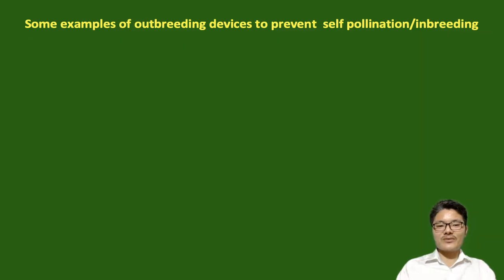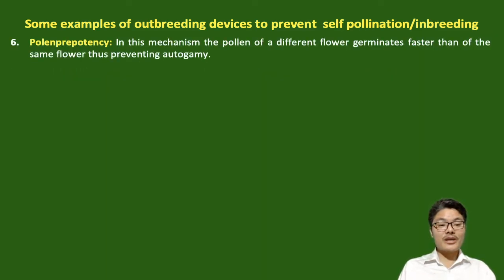outbreeding device that we are going to discuss is pollen prepotency. Prepotency is an ability of external pollen grains to germinate on a stigma of pistil. Usually a stigma of pistil doesn't allow the self-pollens to germinate.